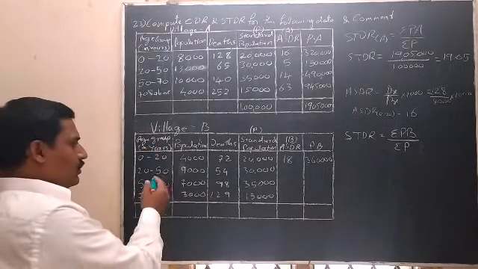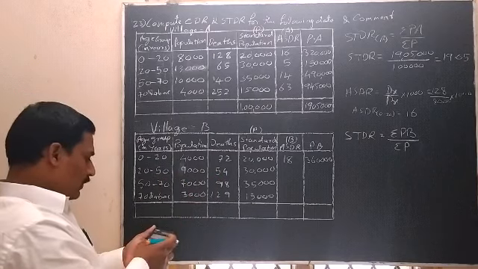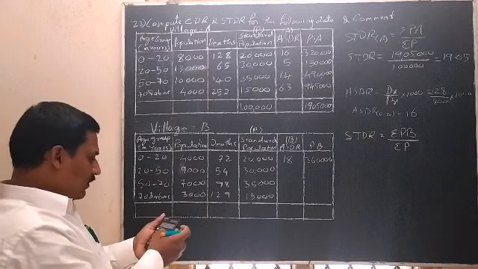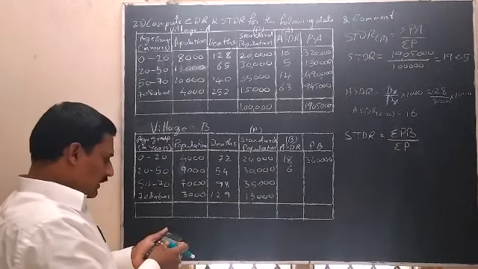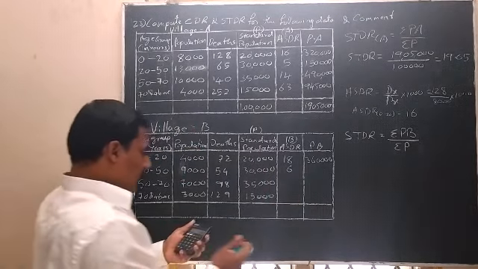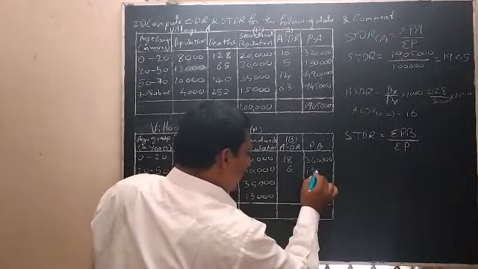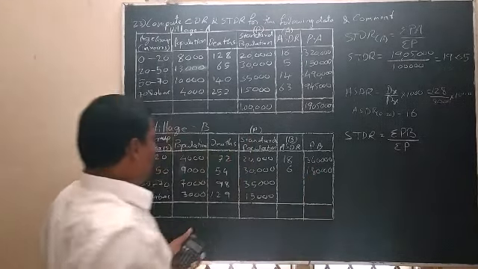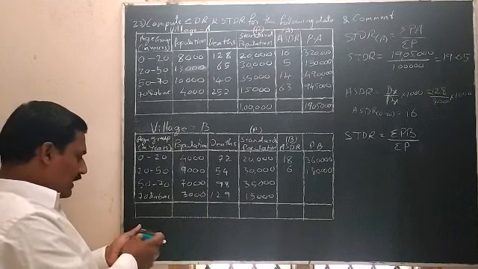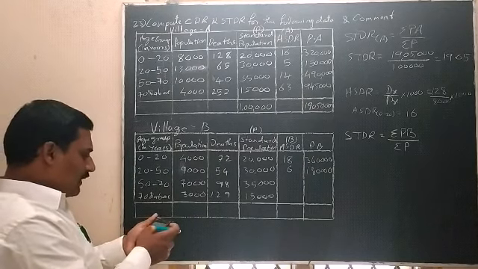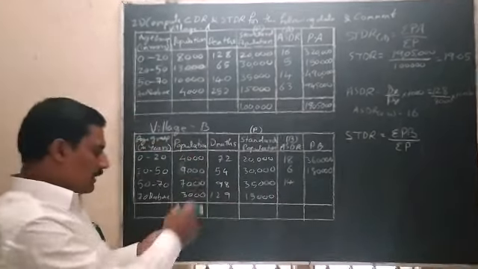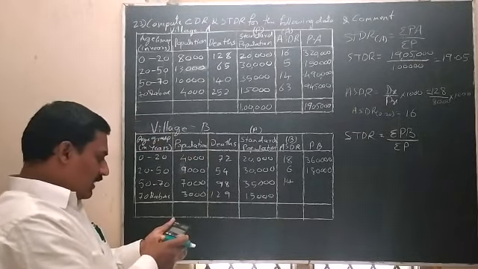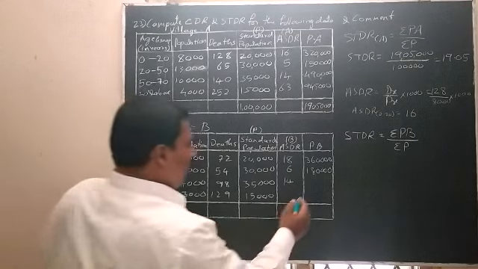The second age group: 54 divided by 9,000 into 1000 is equal to 6, into 30,000, that is 1,80,000. The third age group: 98 divided by 7,000 into 1000 is equal to 14, and 14 into 35,000 is equal to 4,90,000.